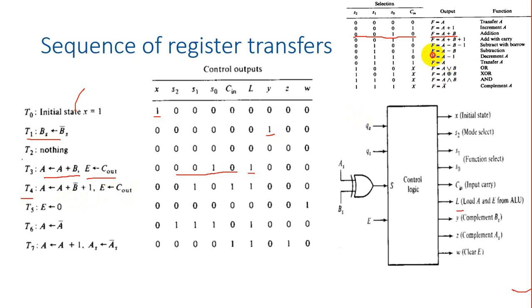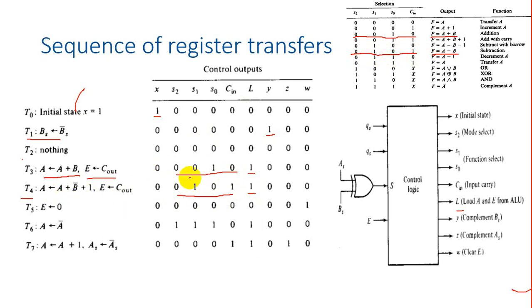It's the subtraction operation A minus B. And what is the control word for it? 0, 1, 0, 1. So look at over here. The control word is 0, 1, 0, 1. And we need to make L equal to high to perform this operation, that is carry out goes to overflow bit and the result goes to the A register. L equal to 1.